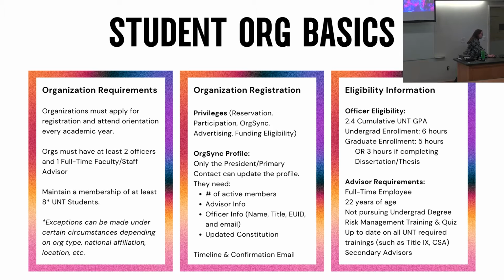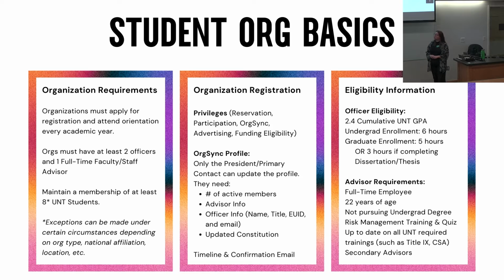And then for some officer eligibility information, officers of student organizations must maintain a 2.4 cumulative UNT GPA. This is checked at the beginning of each semester just to make sure that all advisors and officers are aware of any ineligibility for, say, a treasurer position or a secretary.